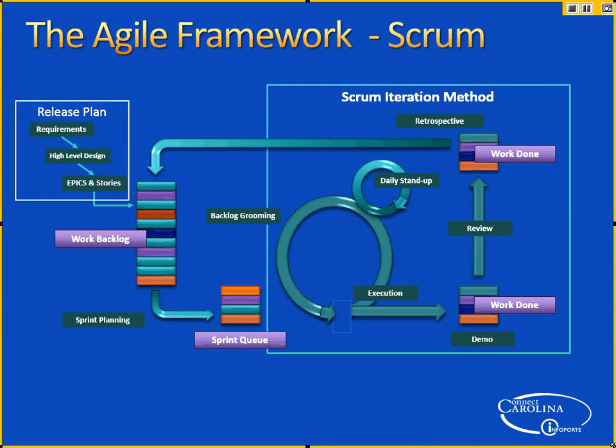So how does Bob's made-up Agile framework work with Scrum? Some things look very much the same, right? We talked about the release plan. Well, this is sort of where the release plan comes out. There's the requirements, there's the design, there's the epics and the stories, and then it says basically ultimately what's going to be in the releases, and it may be roughly laid out.